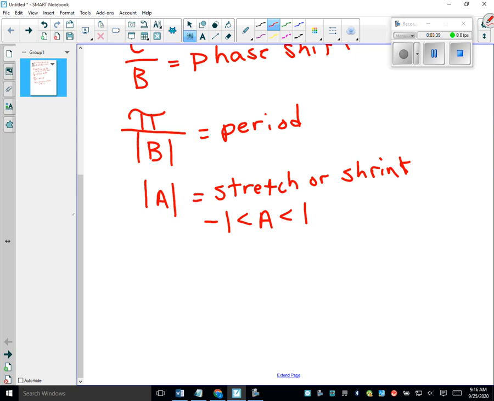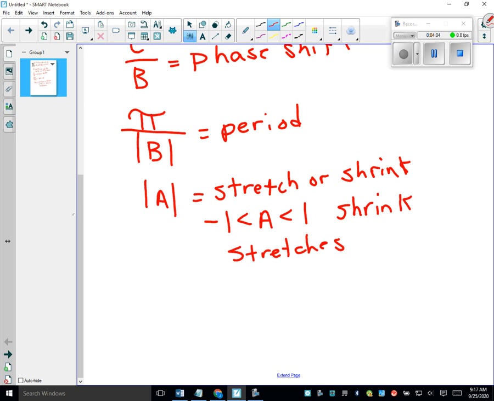It shrinks it. Otherwise, it stretches. What does it mean by shrink? Squishes it down. Stretch pulls it straighter. Okay?